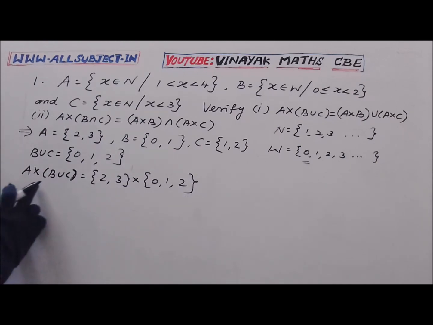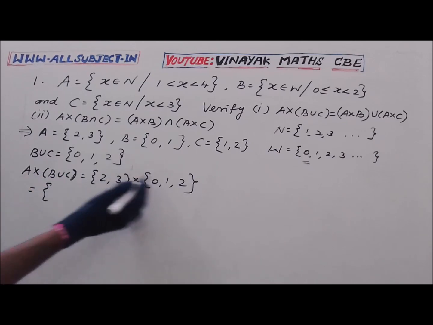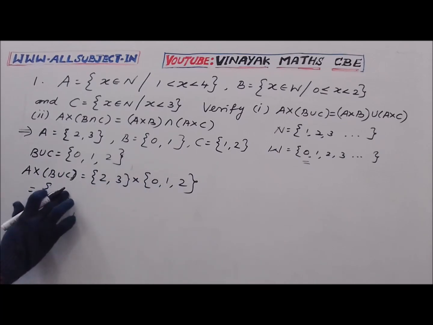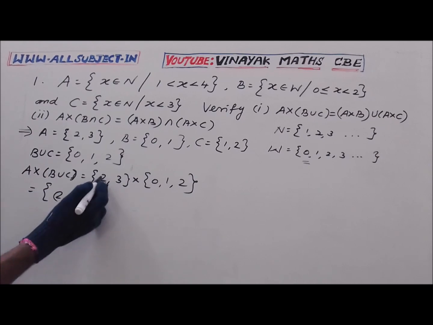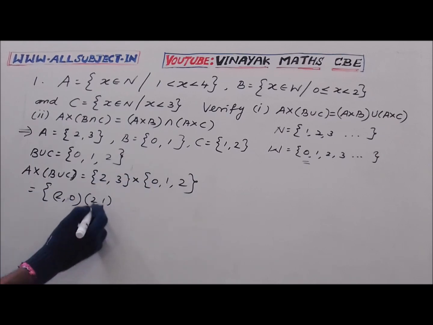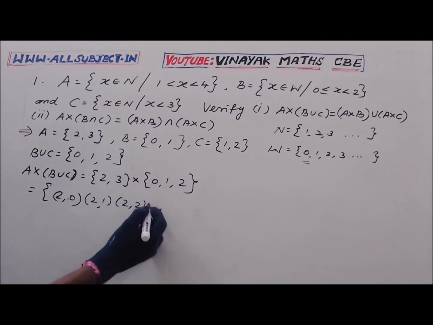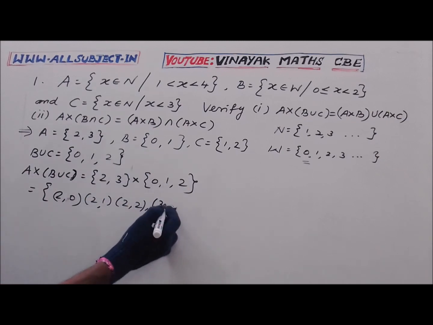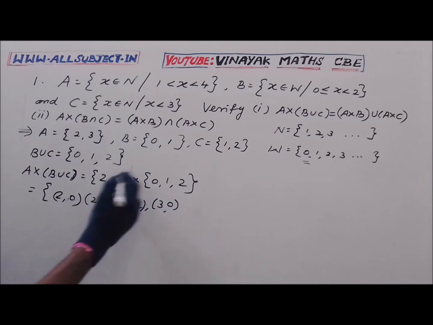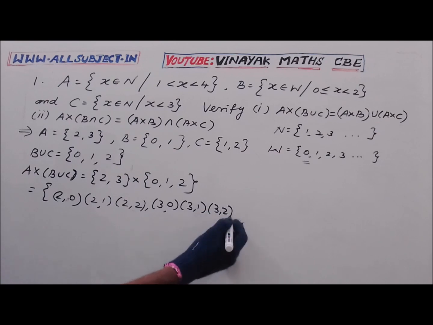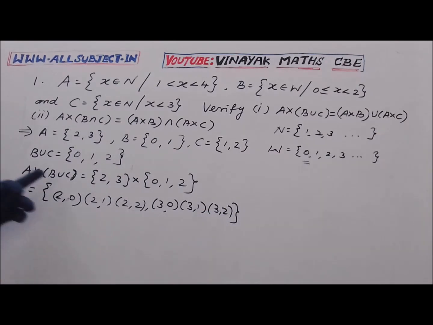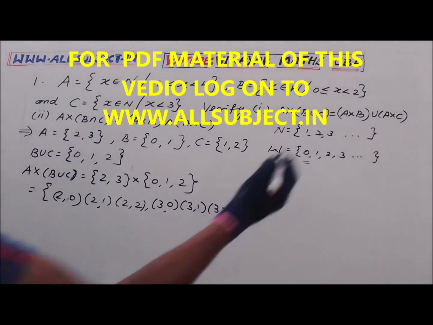Now applying cross product, we have 2 cross 0, that is 2, 0, then 2, 1, then 2, 2. By taking 3 with this set, applying cross product, 3, 0 and 3, 1 and 3, 2. This is the value of A cross (B union C). This is LHS. Now we are moving to RHS.